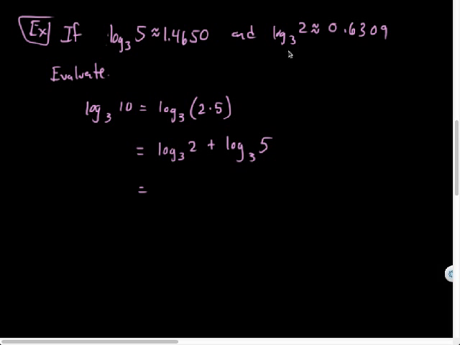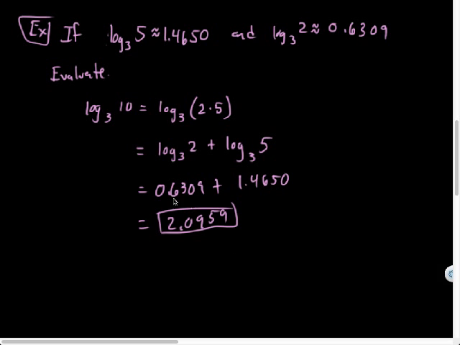And log base 3 of 2, based off of our previous fact, would be 0.6309 plus 1.4650. And I would just straight up add these. 0.6309 plus 1.4650. Bam. And I get 2.0959 as my answer. So what that's claiming is if I take 3 to this power, it should equal 10.